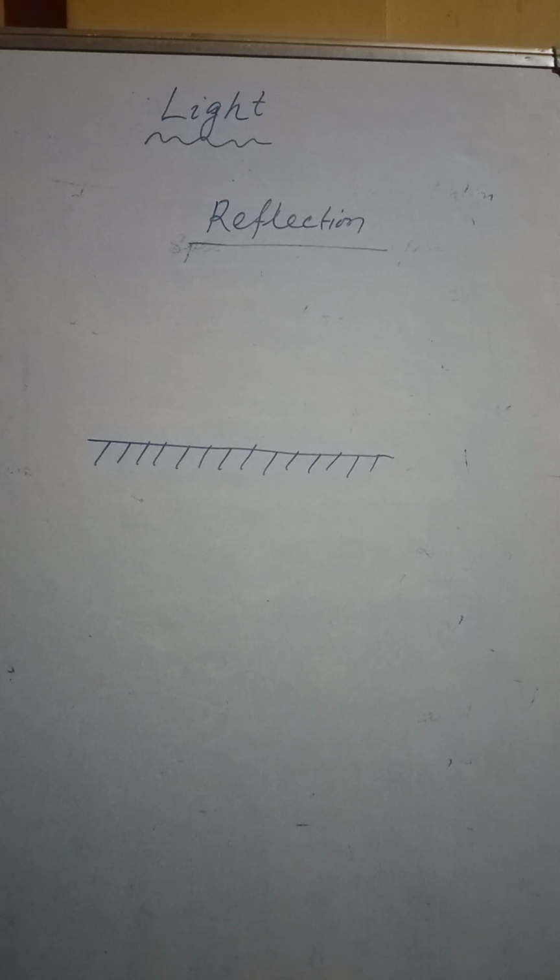This is called refraction. But a mirror is a polished surface, or any shiny or polished metal like silver, which reflects light. Most of the light will be reflected.